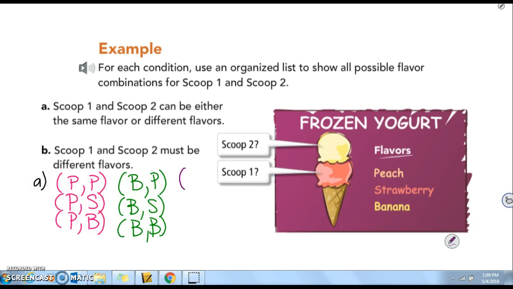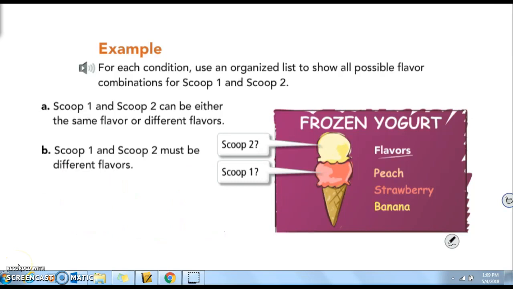We can also have strawberry as our first flavor, and then peach, strawberry, and then strawberry and banana. As you can see, there are 9 possible outcomes with letter A, with Scoop 1 and Scoop 2 being either the same flavor or different flavors.